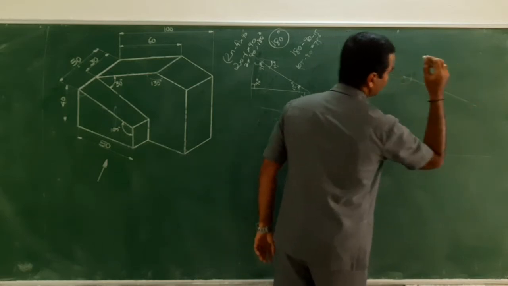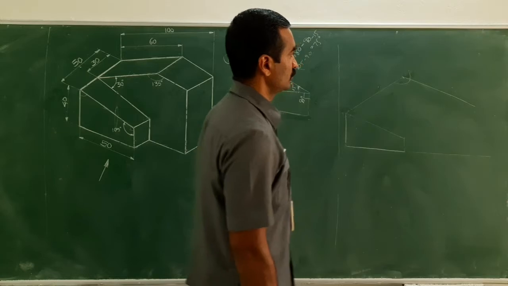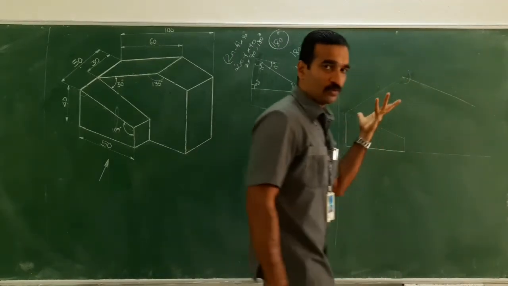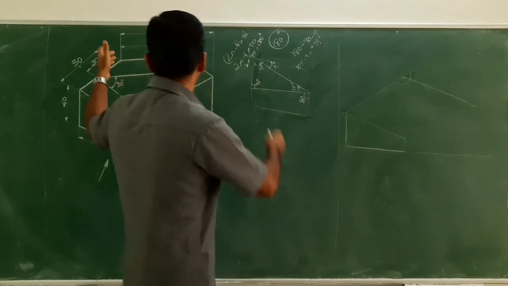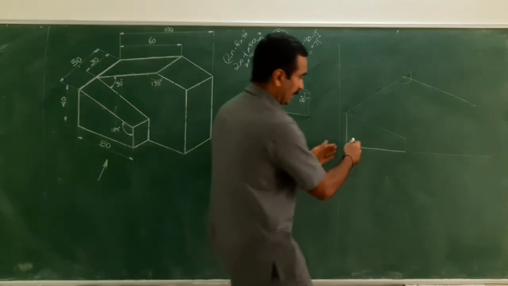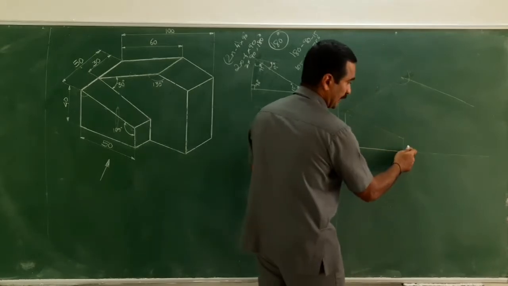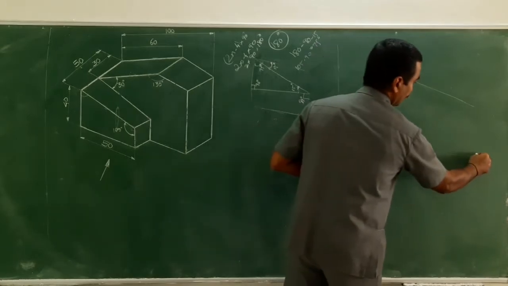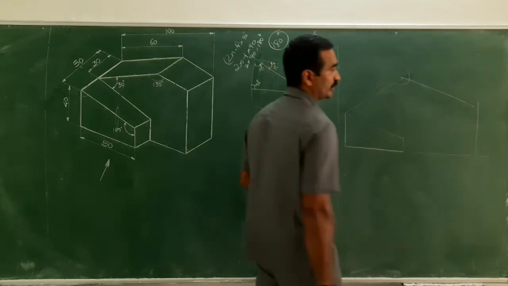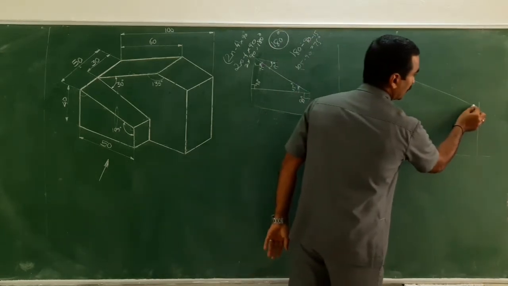So draw a line. I have just extended it, I don't know where it is. But look here, the total length is 100 mm. Let me take 100 from here, that is 50 already considered, one more 50, right? From here, let me just extend the line vertically.